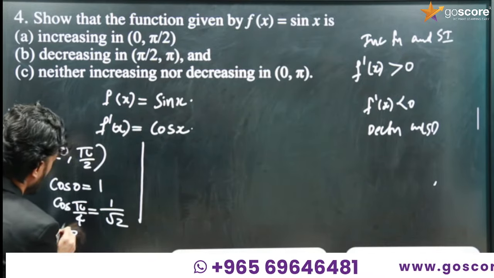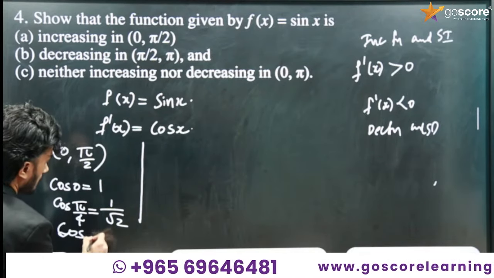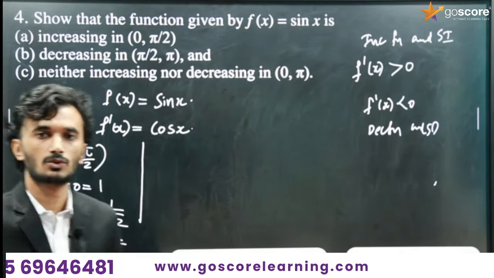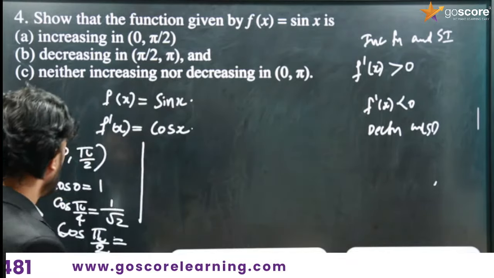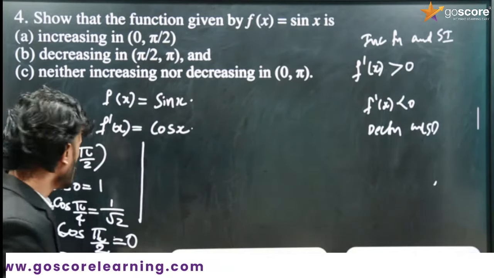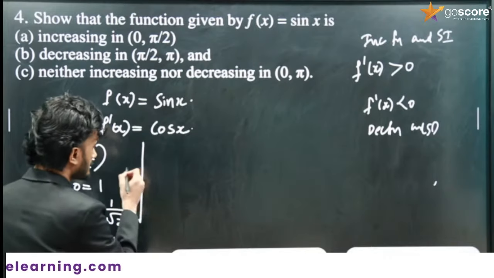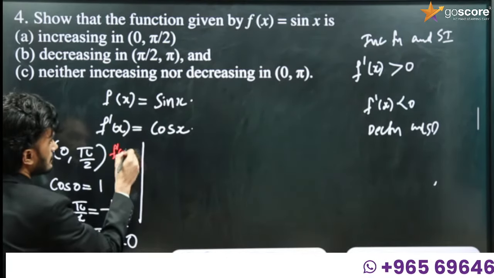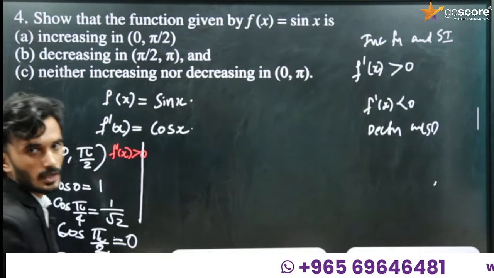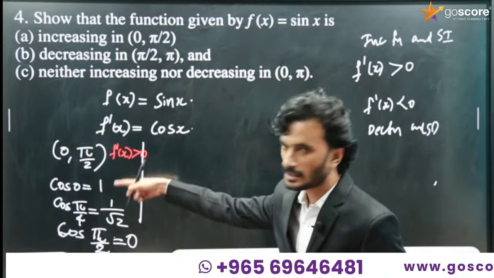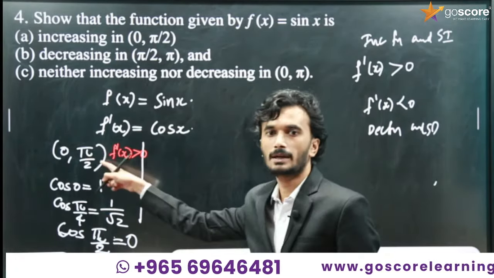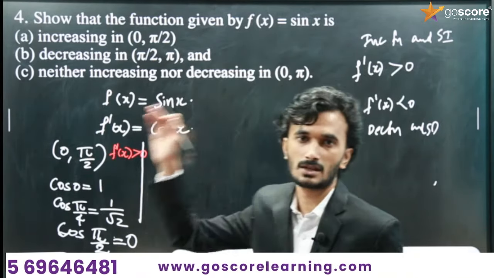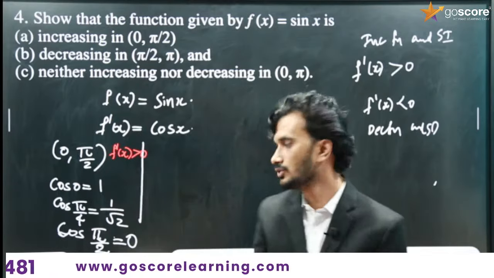Last I will take cos pi by 2, which is cos 90, and cos 90 is 0. So f dash of x in this limit, 0 to pi by 2, is always greater than 0. So it is an increasing function in 0 to pi by 2.